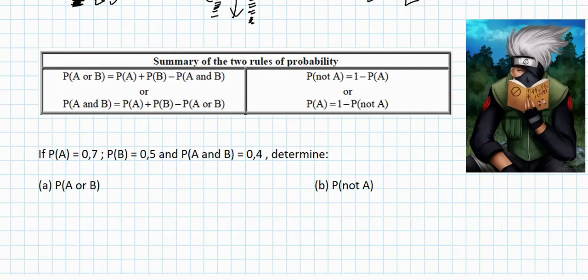So there's a formula that we use for calculating probability. There's a formula for calculating the union. Remember when they say or, this area here, this is the union, right? And the symbol that is associated with that is a U. And there's a formula for calculating the intersection.